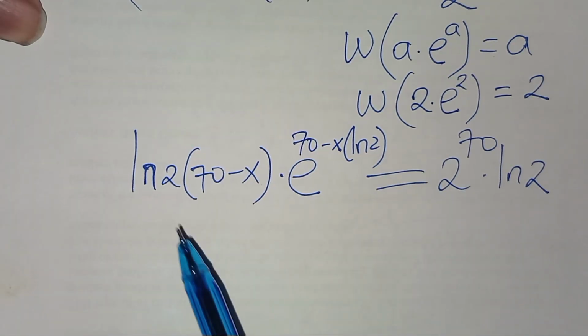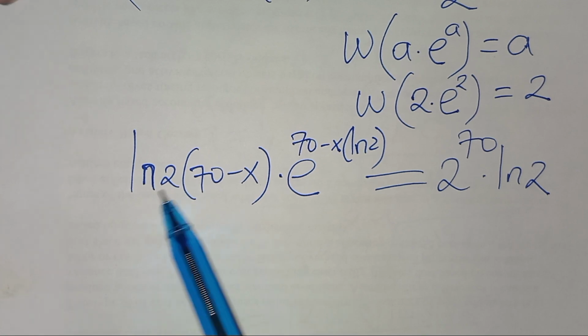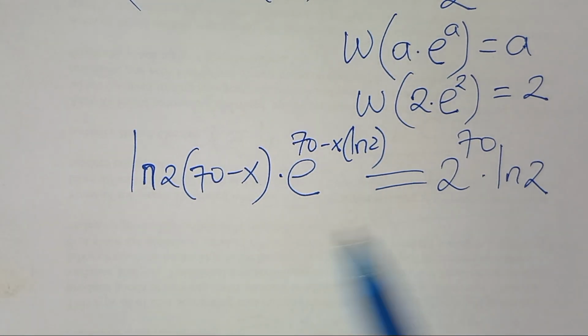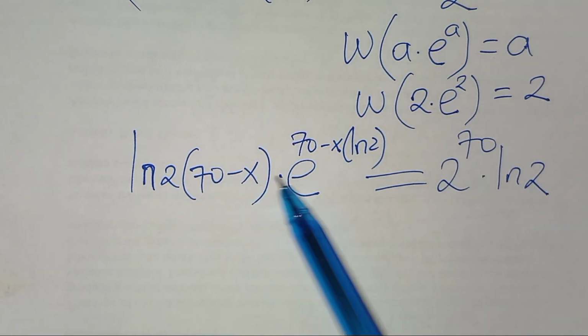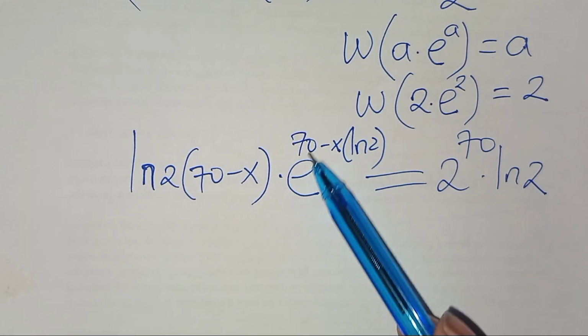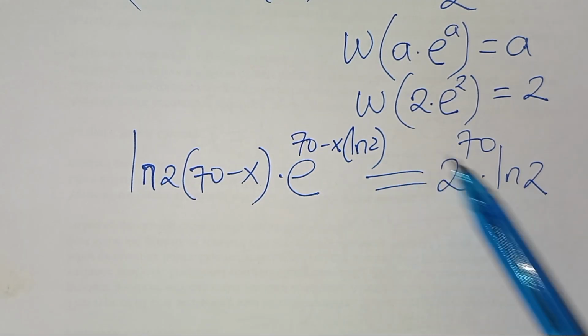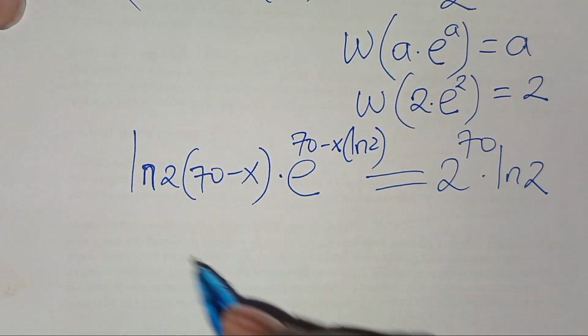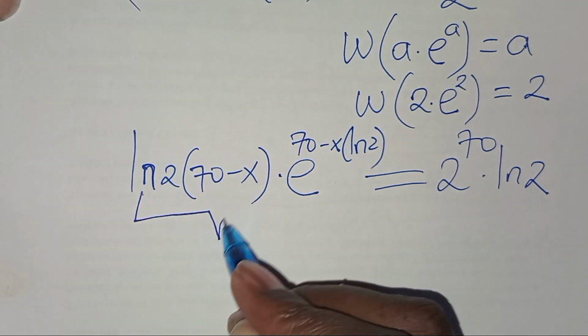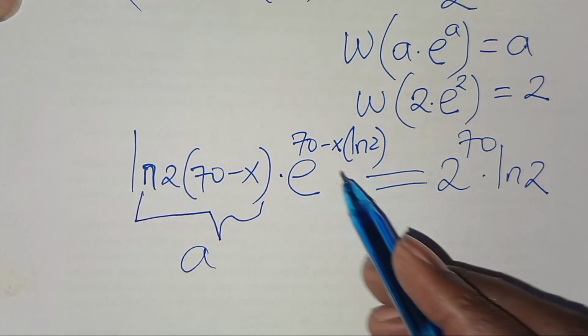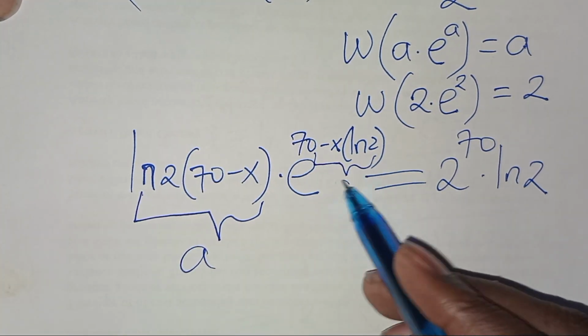By introducing ln of 2 on both sides, we'll have ln of 2 times 70 subtract x multiplied by e to the power of 70 minus x ln of 2. Now you can clearly see that this part, we can call this one a, and the exponent is the same.